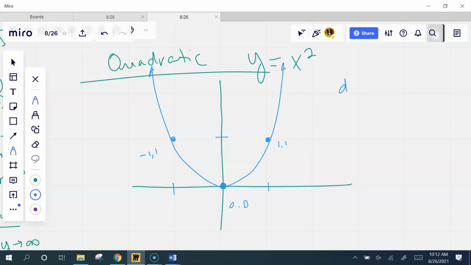What is the domain? Negative infinity to infinity. How about the range? Inclusive, yes, because the vertex sits at 0.